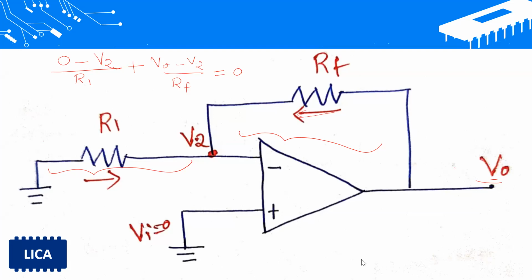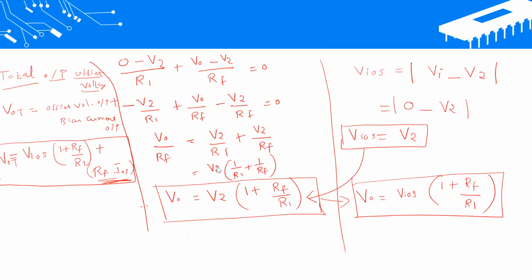This is the circuit diagram of the input offset voltage. At that time I did not explain properly what VIOS is here. So here VIOS equals V1 minus V2.